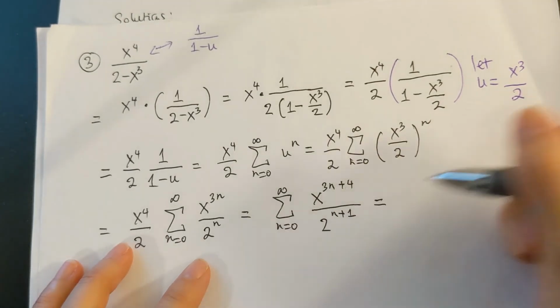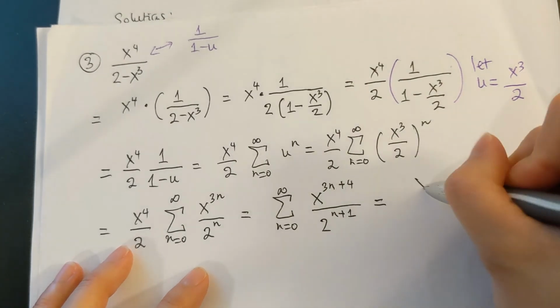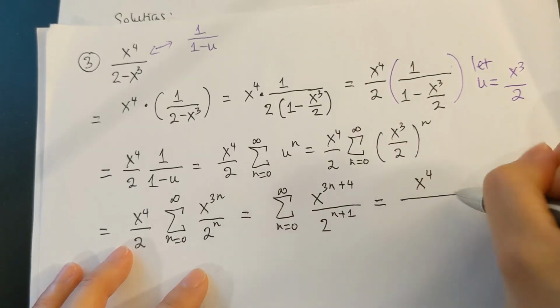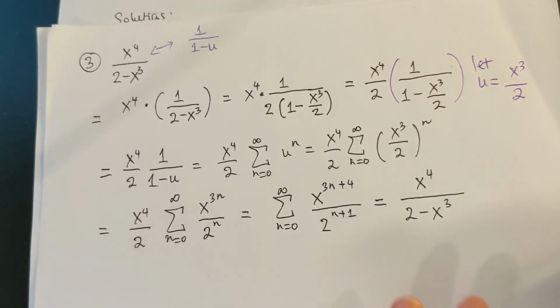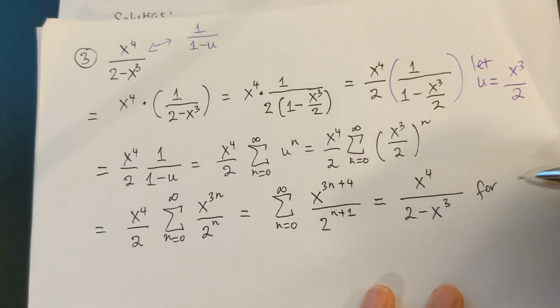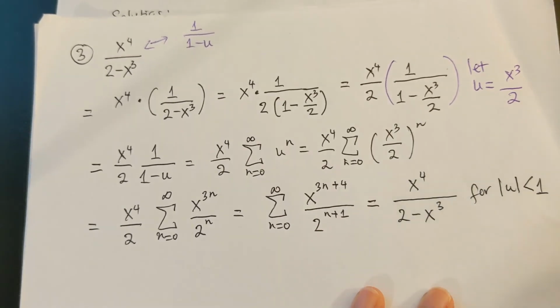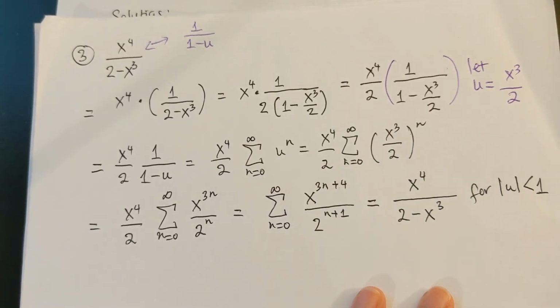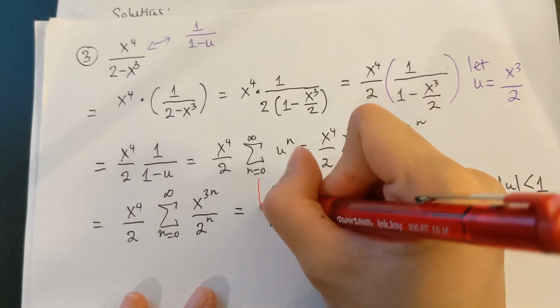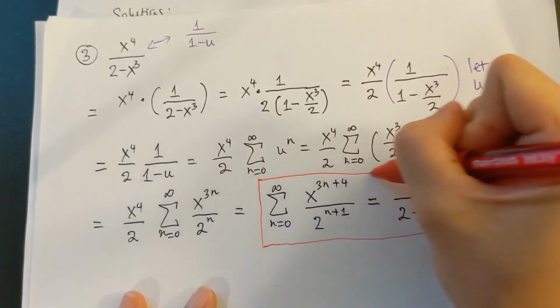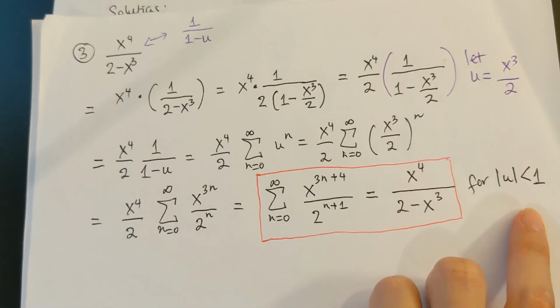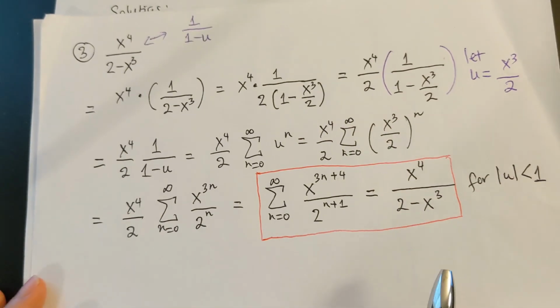And this is the series representation for our function x to the 4th over 2 minus x cubed, as long as the magnitude of u is less than 1. Okay, as long as we have the convergence for this power series. So now let's determine the convergence.